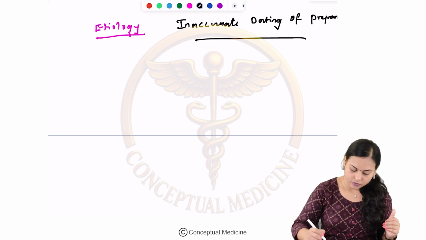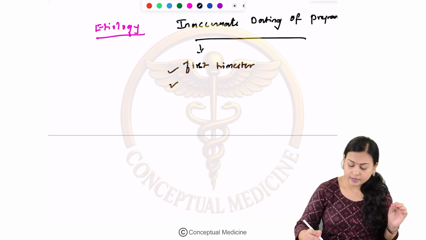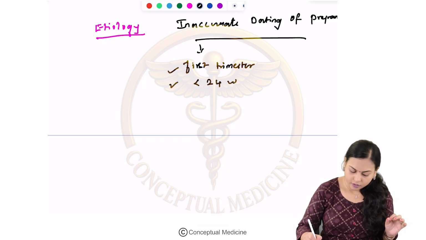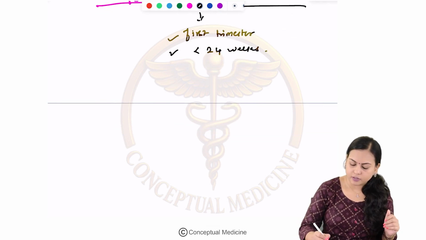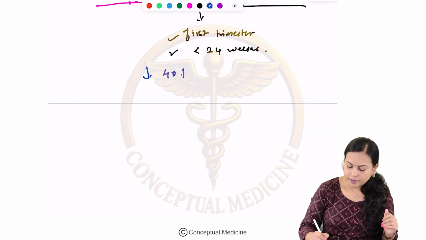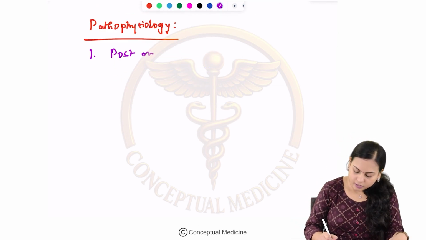This should ideally be done in the first trimester itself, but it should be corrected at least before 24 weeks. If this is done, then the rate of postterm pregnancy reduces by at least 40%.